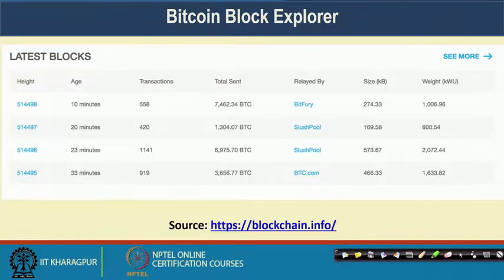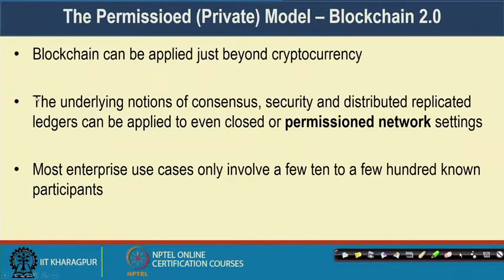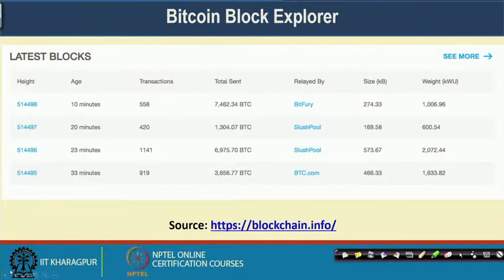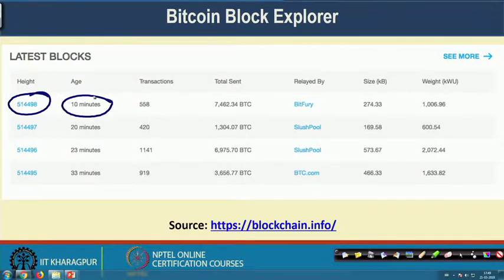I took this snapshot during that time; this was the height of the block, 514498, and you can see at what time each block was added. From this block to this block it took 10 minutes, then from this block to this block it took 3 minutes, showing at what time each block was mined and added to the network.